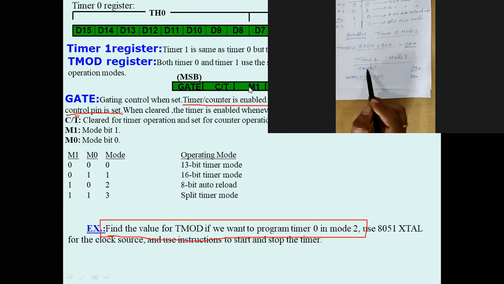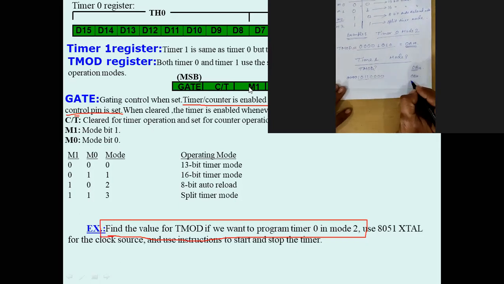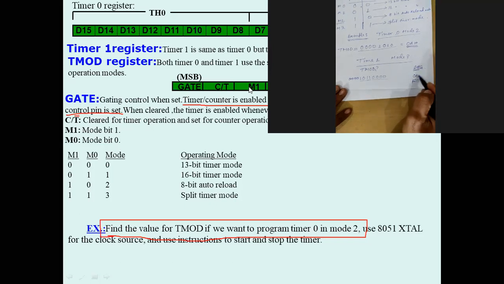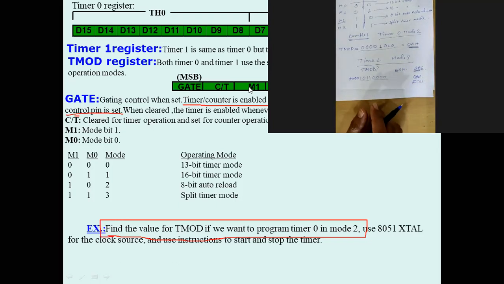So what is the value of TMOD? F0H. Sir, I said 0BH, so it will be B0H, because 1011 will be B and the rest 0000 will be 0. That's why.